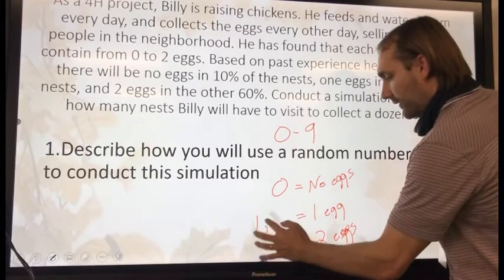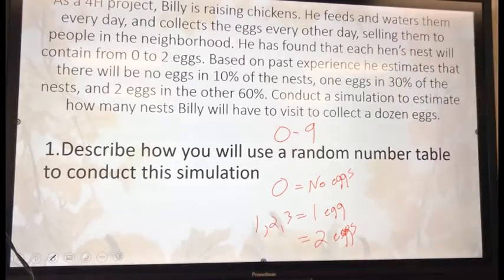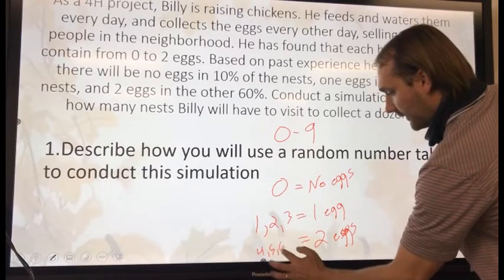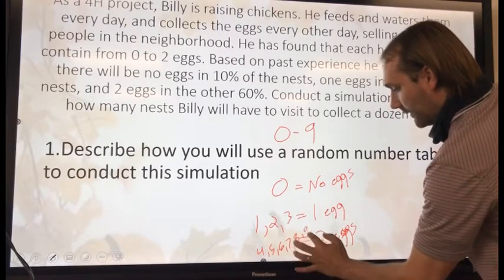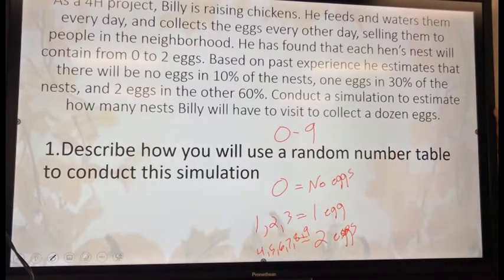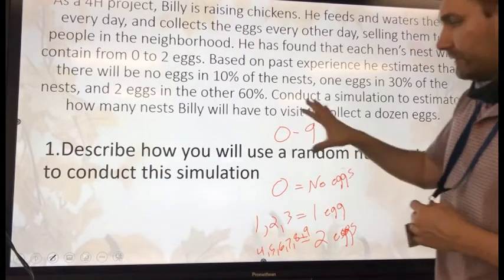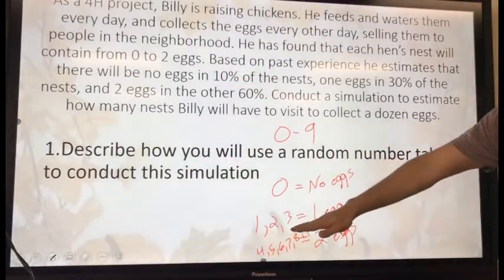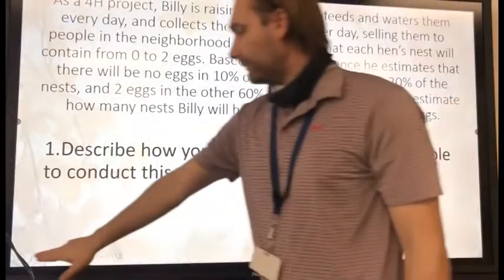Very good. 1, 2, and 3 will represent 1 egg, and therefore 2 eggs is 4, 5, 6, 7, 8, and 9. That's 6 out of our 10, which is 60%. So 0 equals no eggs, 1, 2, and 3 is 1 egg, and if we get 4 through 9 from our random number generator, that will equal 2 eggs. Yep, that's our 10%, 30%, and 60%.